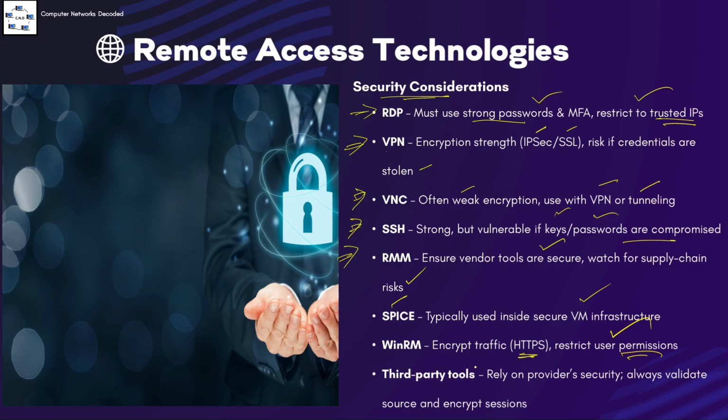For third-party tools, you should rely on the provider's security and always validate the source of the tool, and the sessions that are initiated to these tools should be encrypted.